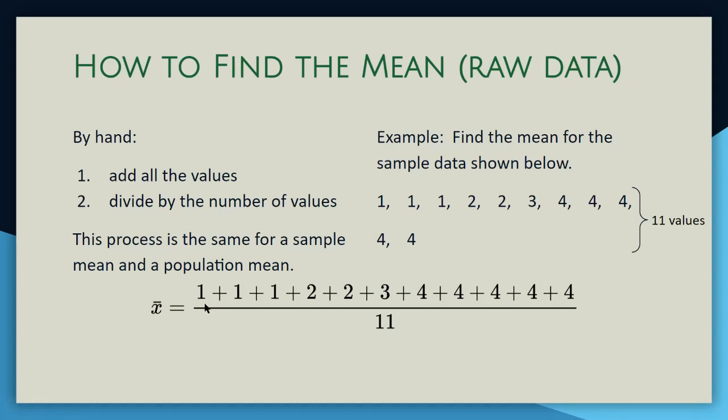And you can see I wrote that addition out longhand here. And you'll notice that I use the symbol x bar. I'm using the symbol x bar because this example specifically said sample data. And sample data and sample statistics typically use English letters. So I want the x bar, not the Greek mu.